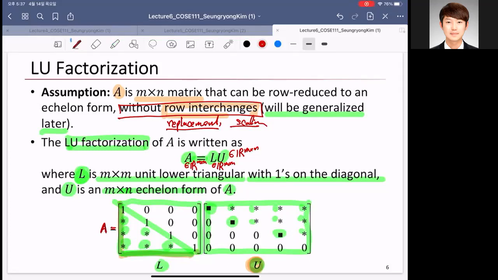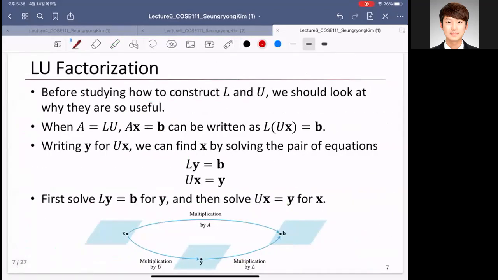Later, we will talk about how to factorize the original matrix A into L and U, which is efficient for solving Ax equals b. But before starting how to construct L and U, we should look at why they are so useful, and why LU is a better way to solve Ax equals b.